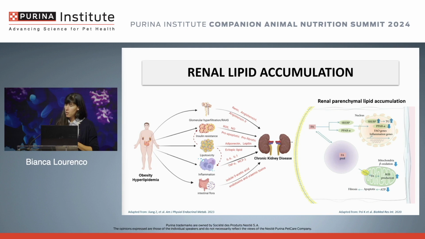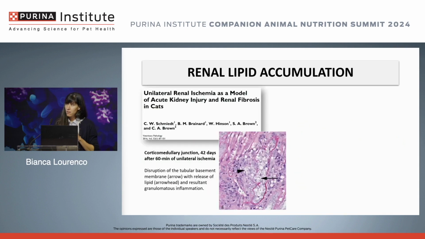While similar data are not available for cats, there's some interest in the interstitial lipid accumulation. This image that I'm showing you is from a renal ischemia model in cats.